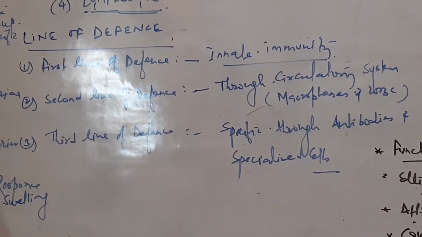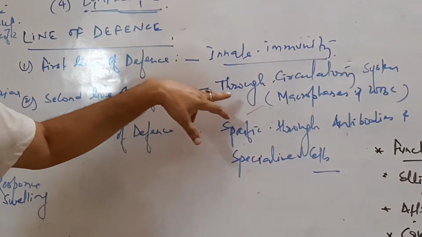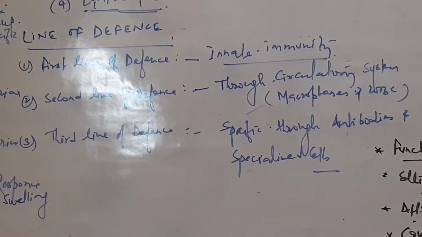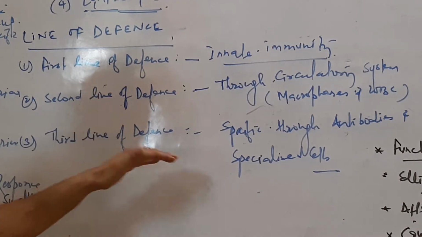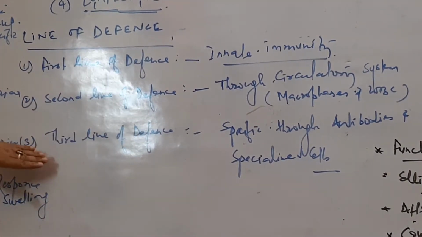In our circulatory system there are macrophages and WBCs which circulate and engulf the microbes. The third line of defense is a specific system which works through the production of antibodies in specialized cells.